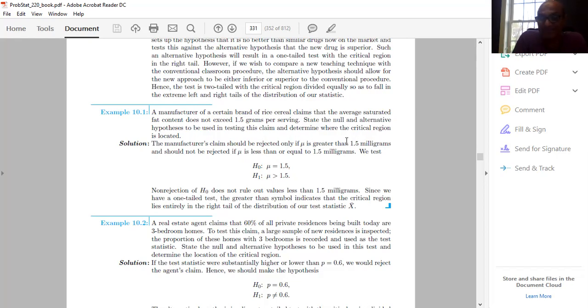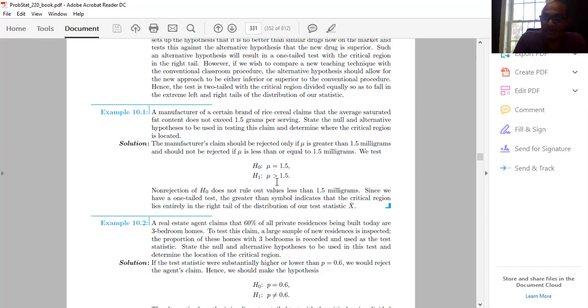So H0 is mu equal to 1.5. Greater than 1.5, the claim is rejected, right? So if mu is greater than 1.5 milligrams, it is rejected, and it should not be rejected if mu is less than or equal to 1.5 milligrams. So we can write it like this: non-rejection of H0 does not rule out values less than 1.5.